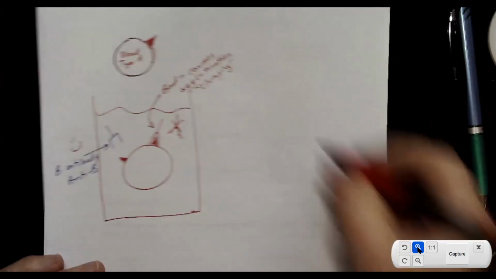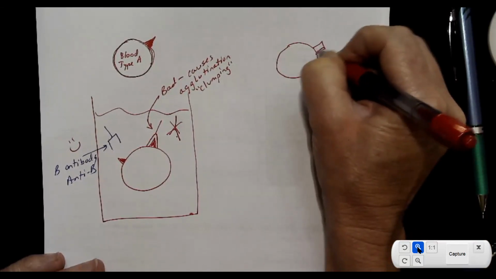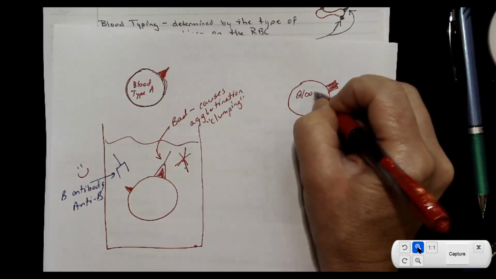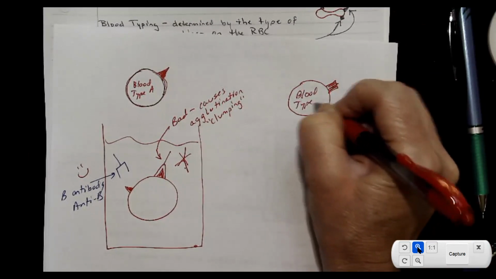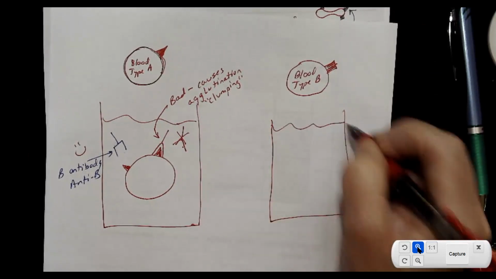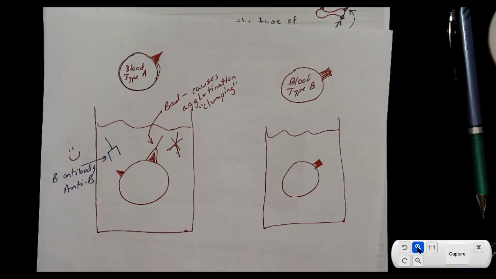So if somebody, look here, I'm putting a block. I know we designated that to represent the B antigen. So this is blood type B. Let's put their blood in a jar. We have the block. So my question to you would be, what kind of antibodies would you find in here?